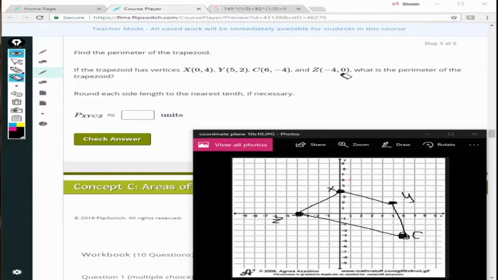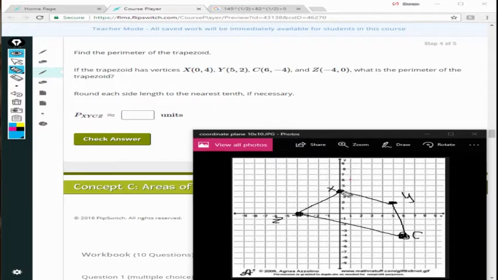Okay, here we go. Since none of these lie on a horizontal or vertical line, we're going to have to calculate the distance for each one. I'm going to utilize my graph.